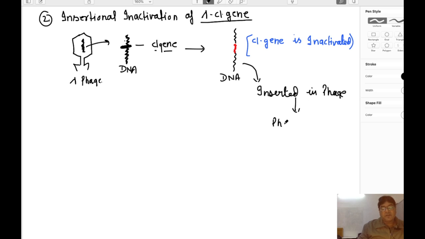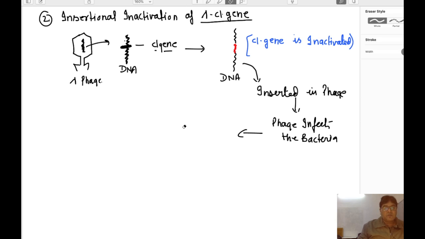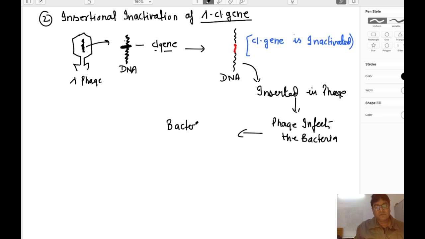The recombinant phage infects the bacteria in the similar way as we have seen before. The bacterial colony develops on the agar plate. This is the bacterial colony, as we have seen before also.